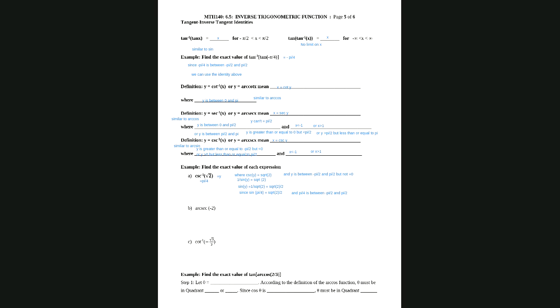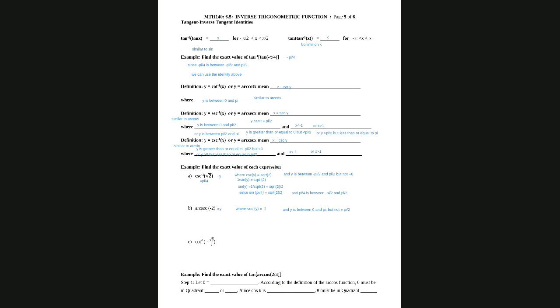Next, we're going to take a look at the arc secant of negative 2. So I'm going to say that's equal to y, where the secant of y is equal to negative 2, and y is between 0 and pi, but not equal to pi over 2. So we have 1 over the cosine of y is equal to negative 2.